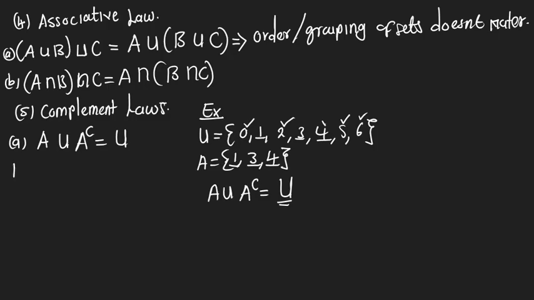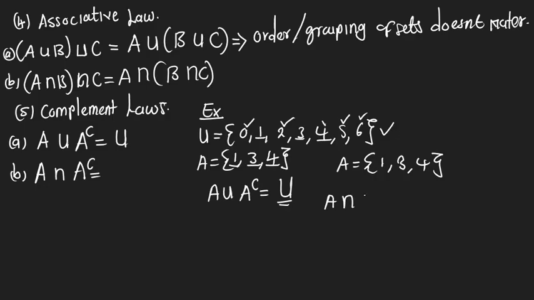How about if it's in this order? How about if you have a set A intersecting with a complement of itself? What do you get? Okay, if this is set A, 1, 3, and 4, and this is the universal set, and we've been asked to find A intersecting A complement, okay, A intersecting A complement.